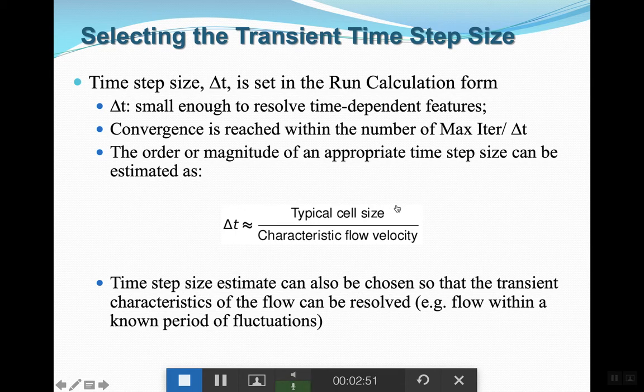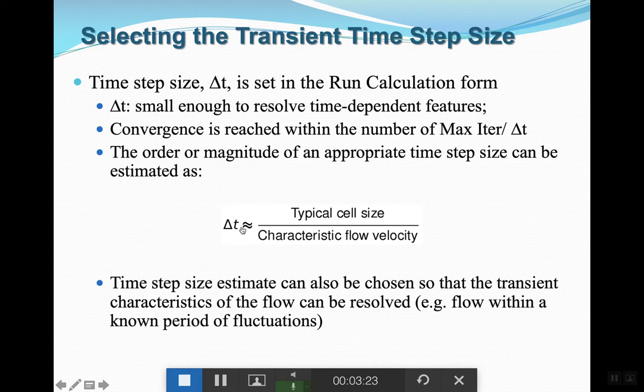You take that typical cell size and divide it by the characteristic flow velocity. Again, we all know that a flow doesn't have one velocity, but usually you can define a flow by a velocity, which means the dominant velocity, or the velocity in the locations that are very important. If you divide this, it will give you an idea about this delta t.